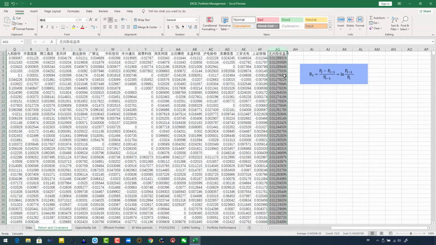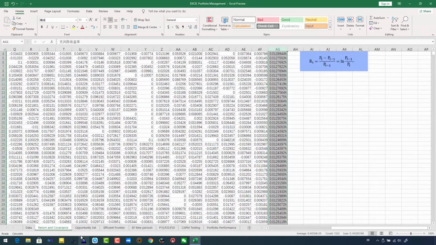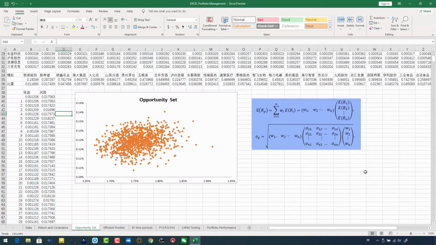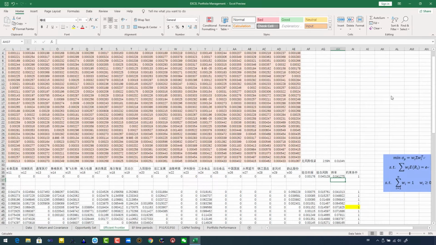So this is the daily risk-free rate, you can calculate the annual, or you can use the average of this daily risk-free rate, and then you can use it here. So for this slope, we use the portfolio return minus our risk-free rate.